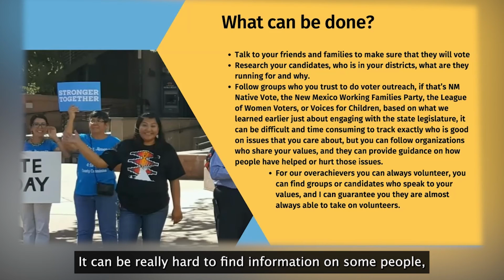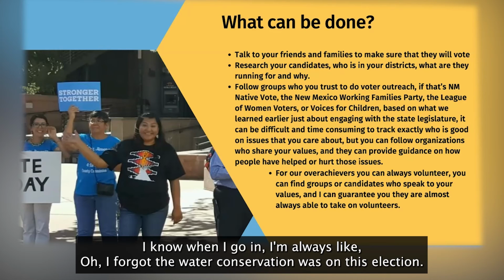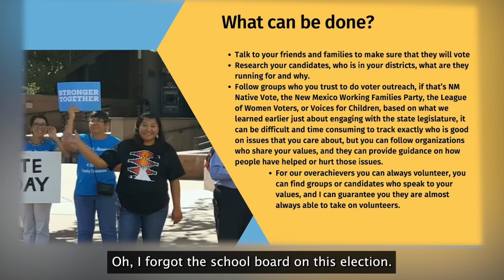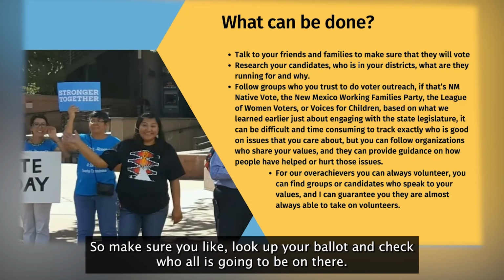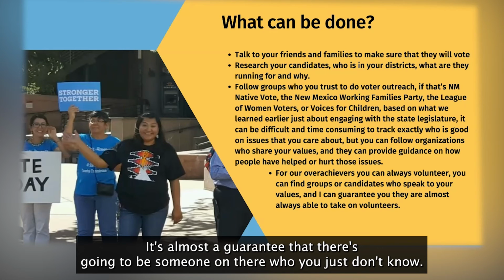It can be really hard to find information on some people, but make sure that you know who you're voting for going into the polls. I know when I go in, I'm always like, oh, I forgot the water conservation was on this election. Oh, I forgot the school board on this election. So make sure you look up your ballot and check who all is going to be on there. It's almost a guarantee that there's going to be somebody on there who you just don't know.